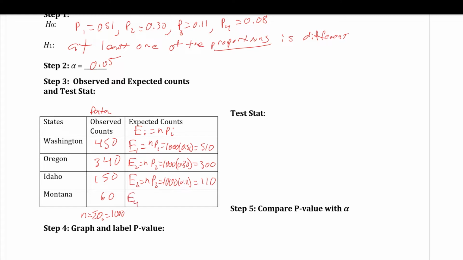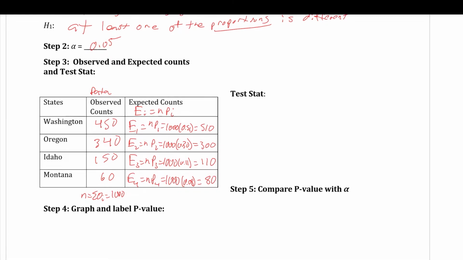E4, again, that's n times P4, which is, our n is 1,000. Our P is 8%, so 0.08. And 8% of 1,000, that should just be 80. Okay, this is where you want to check to see if the sum of your expected values comes out to be your n, right?